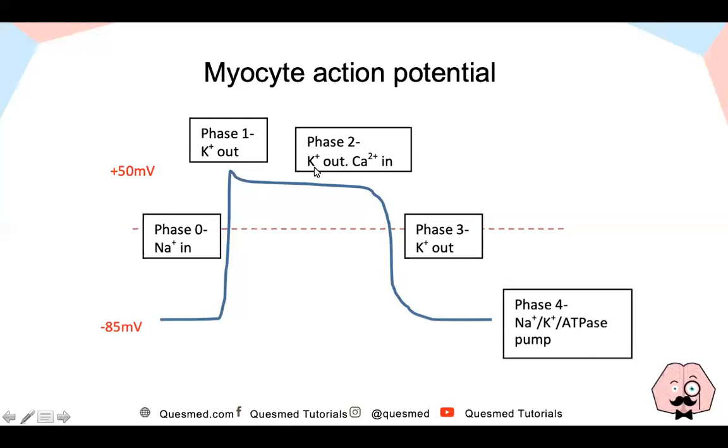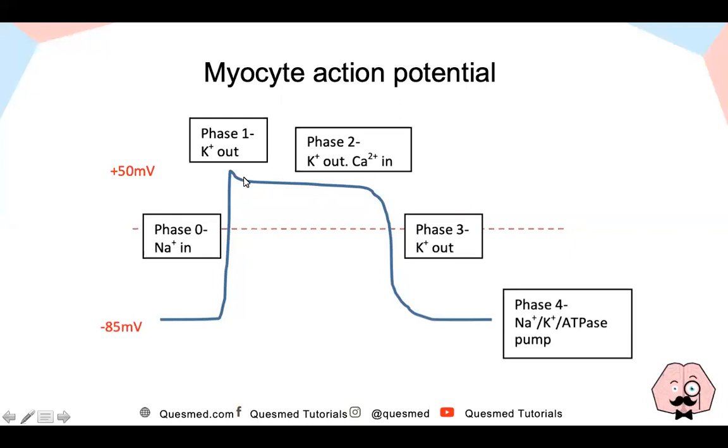Then we've got phase 2, our plateau phase. So that's when potassium is flowing out of the myocyte, but voltage-gated calcium channels open, and the calcium is flowing into the myocyte. And so we've got a net very slight downslope still, but it is kind of a plateau.